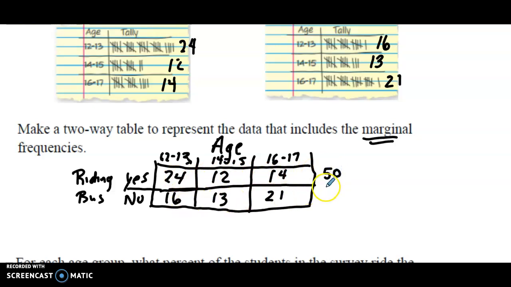When I add up this row, I'm going to get 50. This column here is going to give me 40. This one here is 25. And this one here is 35. I'll add them across. That's going to give me 100. I add them down. That's going to give me 100. And that would be our total number of people that were surveyed, or 100 people.